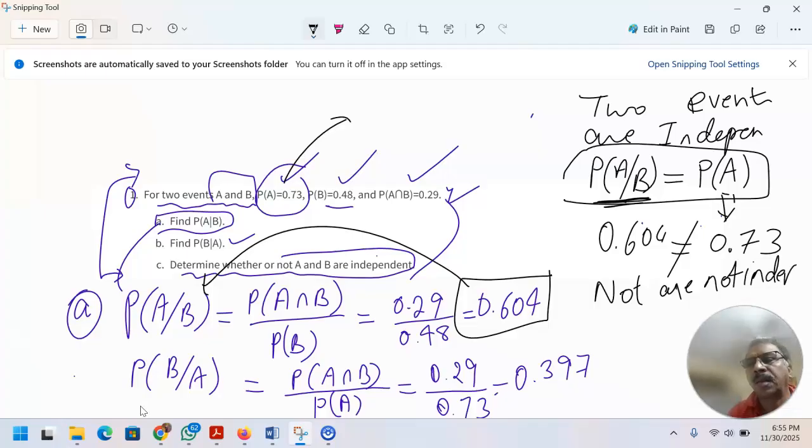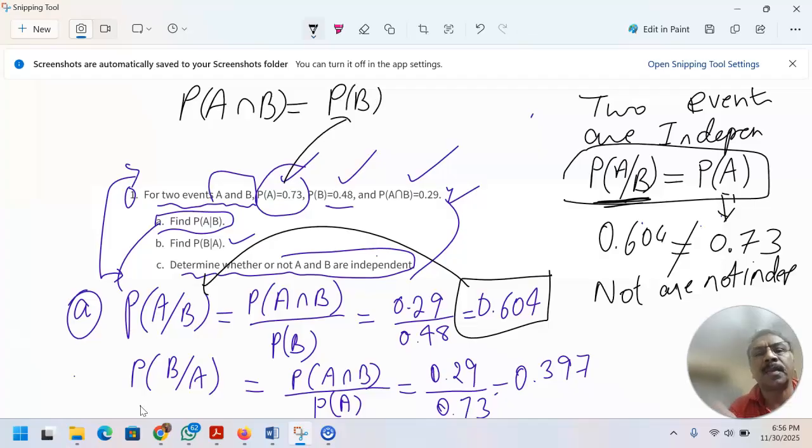Now, remember, the probability of A and B, which is also called the multiplication rule of probability, is the probability of B times the probability of A when B happens.